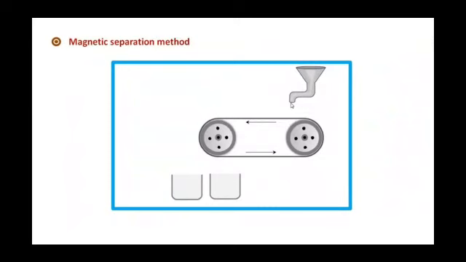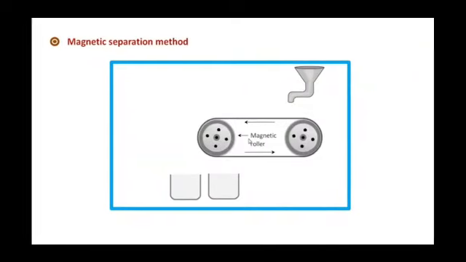In the magnetic separation method, two rollers are connected by a conveyor belt. Crushed ore will be dropped through a funnel placed above the rollers. Here, one roller is made of magnetic material and the other is made of non-magnetic material.